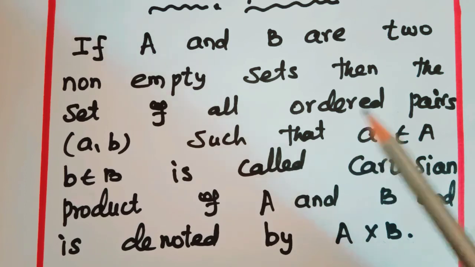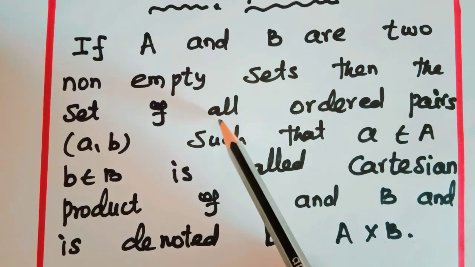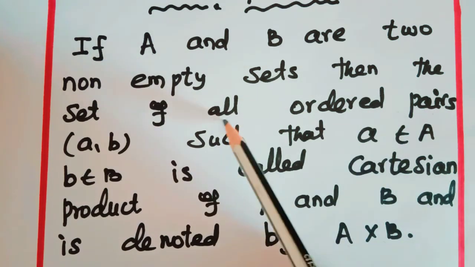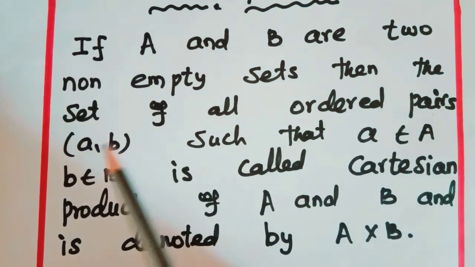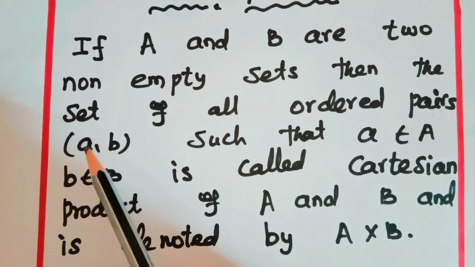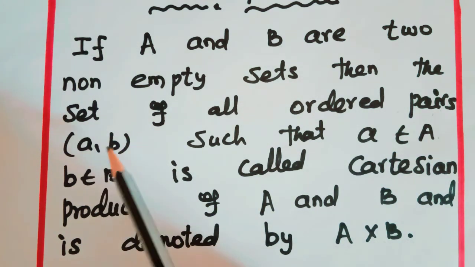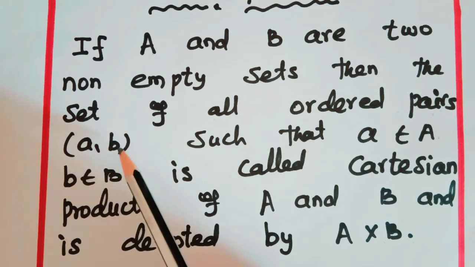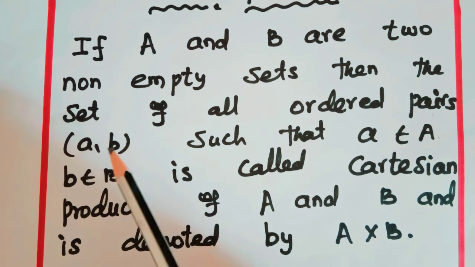That means the collection of all ordered pairs. All ordered pairs mean all possible ordered pairs. That is (a, b), where a is an element of A and b is an element of B. So within brackets, (a, b) is the ordered pair.